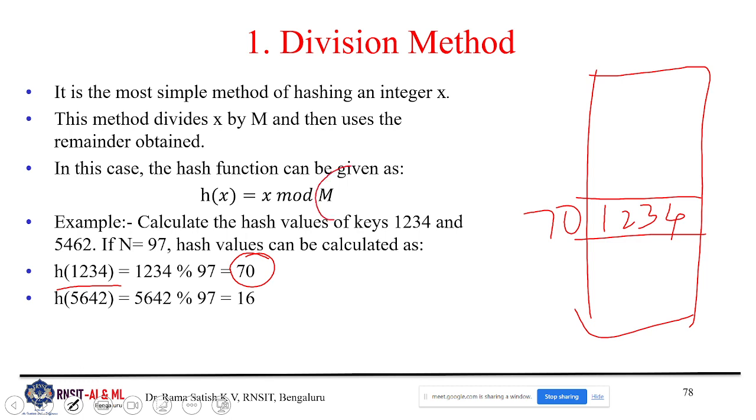And m is nothing but the total size of your hash table. We have already discussed this in the last class, so certainly you can refer to my notes also. Notes I will be giving by the end of today or tomorrow morning.